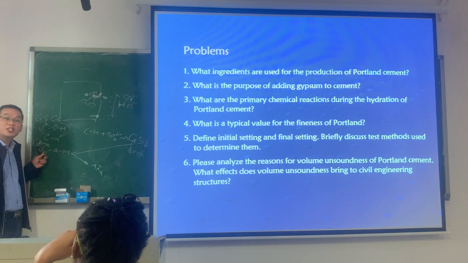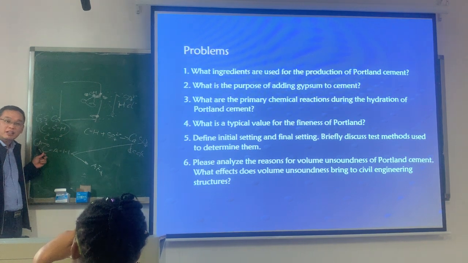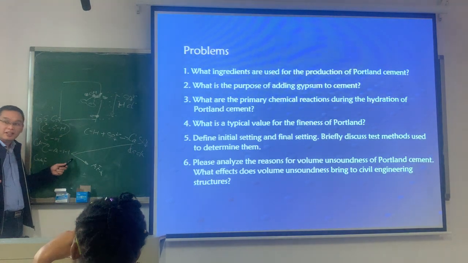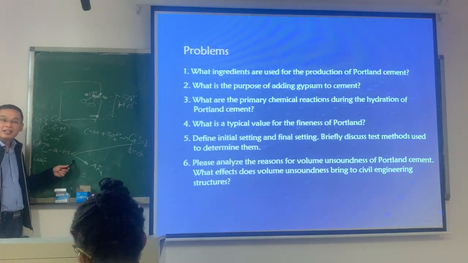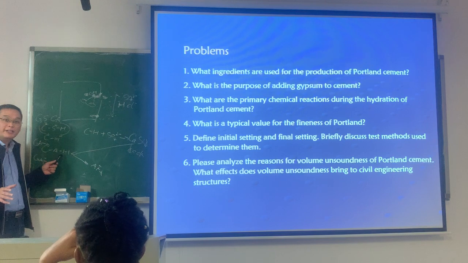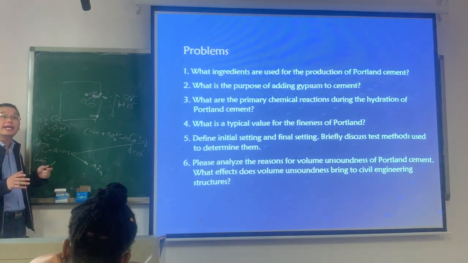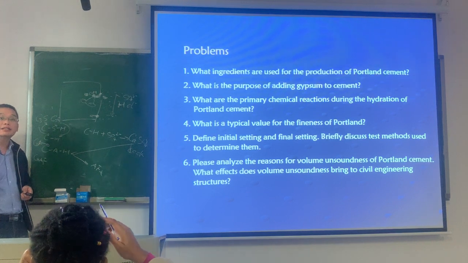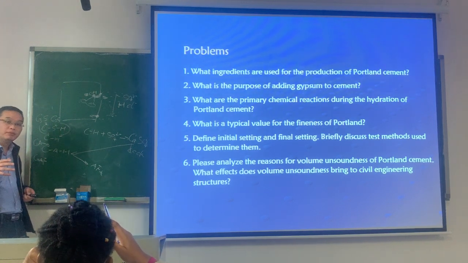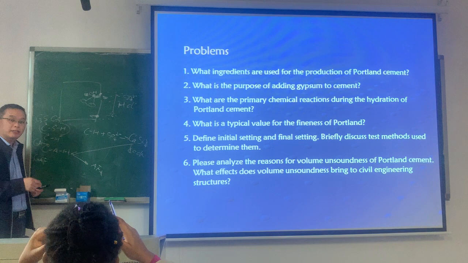It's no good for the strength and harmful for chlorine. So we need to prevent the reaction of the C3A and water. And then we need to put the gypsum into the cement.